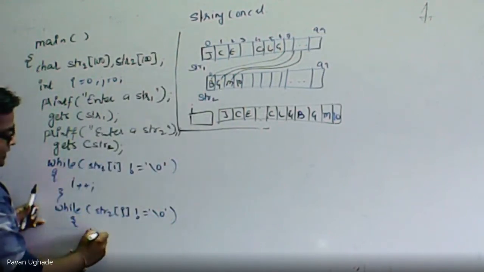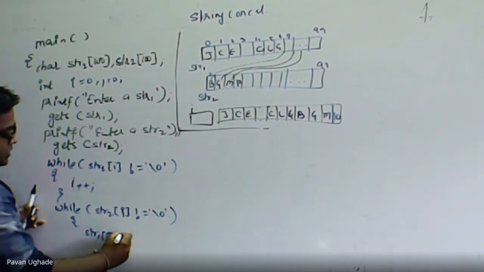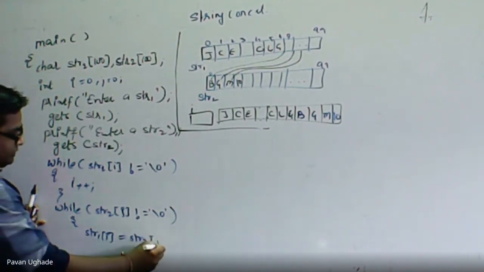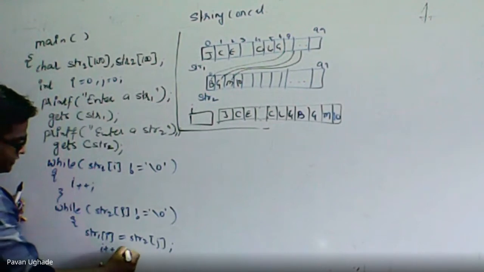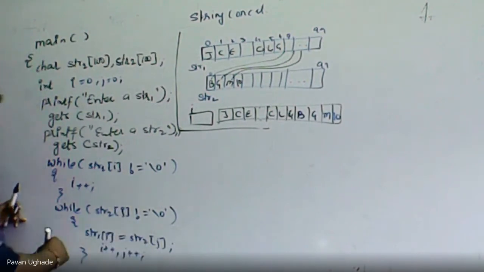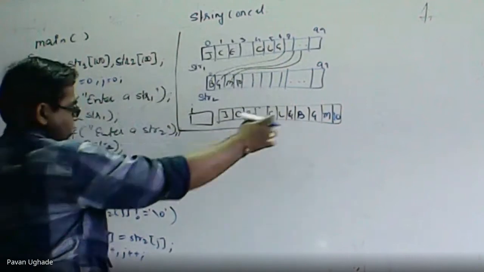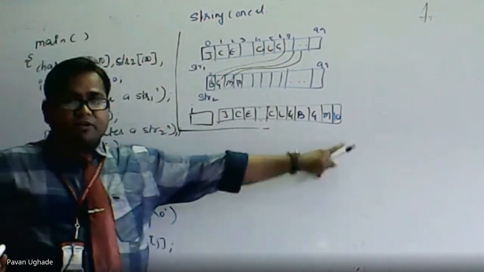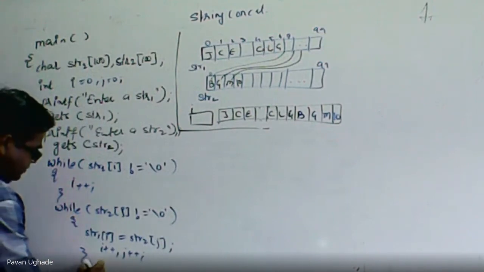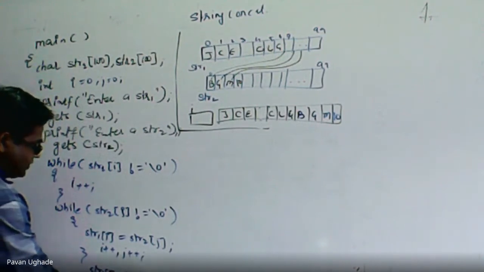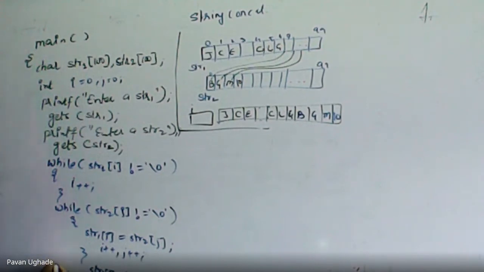So what we'll be doing, str1 of I equals to str2 of j, and I plus plus and j plus plus, both pointers you need to advance, right? So this is the way where you will be copying BGM also. Now we know the backslash of 0 will not get copied, so explicitly we have to write it. Just after this we are going to add str1 of I equals to backslash of 0. Nice. And this is the end of your program.